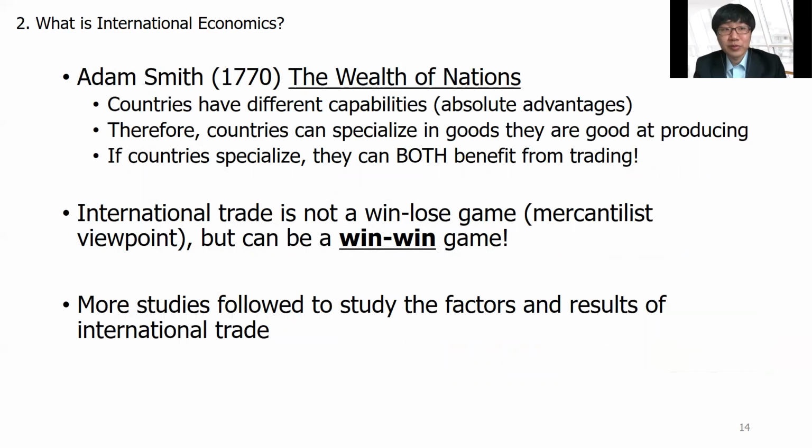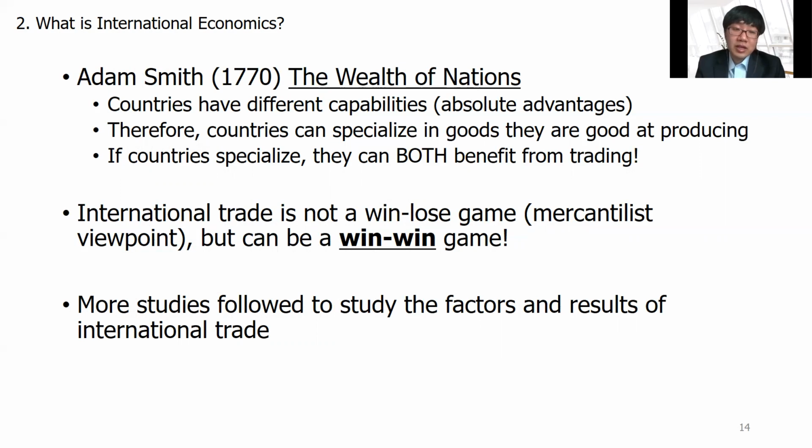After that, the most famous economist of all time, Adam Smith, wrote this book, The Wealth of Nations. In this book, he argued that countries have different capabilities, or so-called absolute advantages. As a result, countries can specialize in goods that they are good at producing. And if countries specialize, both the importer and the exporter can benefit from trading. So this was a really new, different concept from the previous claim by the mercantilists.